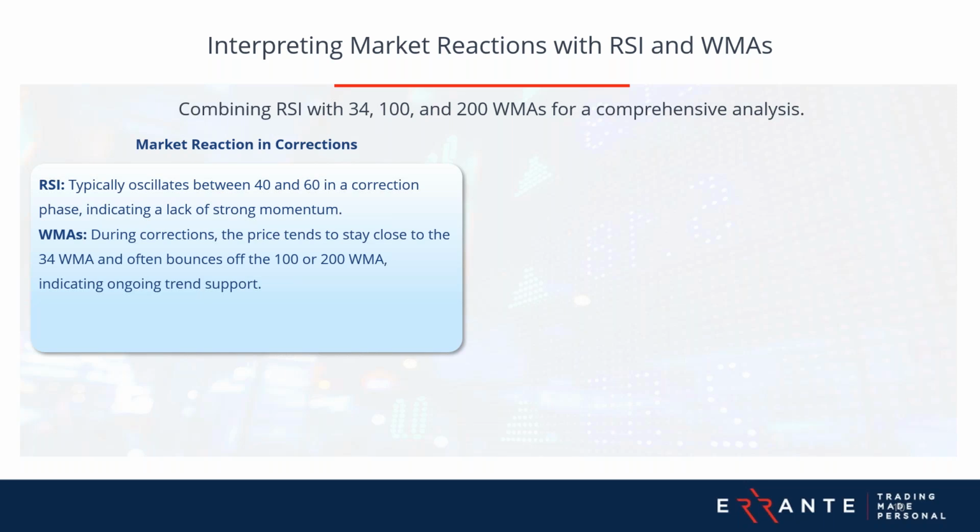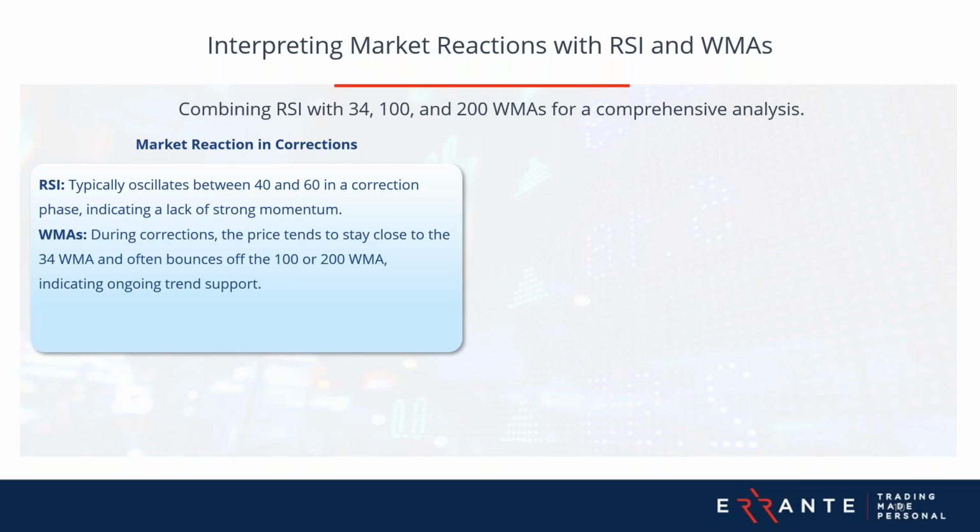The RSI often stays within a 40 to 60 range, reflecting a balanced, though indecisive market momentum. Concurrently, prices tend to hover around the 34 WMA and use the 100 or 200 WMA as a trampoline, bouncing but not breaking through, suggesting the underlying trend remains intact despite short-term corrections.